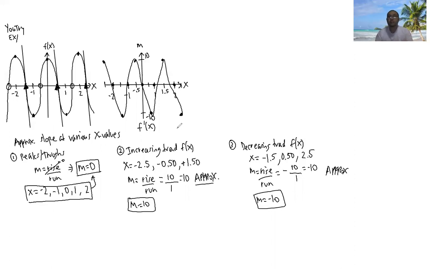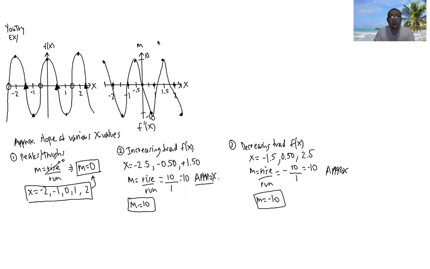But this is the concept of approximating the curve of your derivative when you are given the curve of your original function, f of x, okay? And remember that to do this, you are approximating the slope of the tangent line at points that you choose, okay?